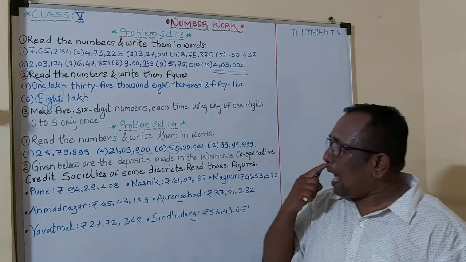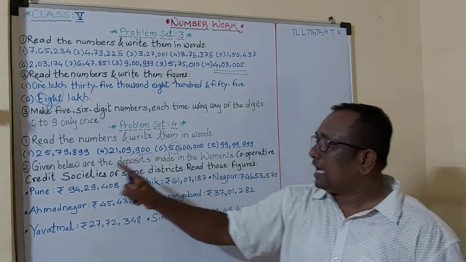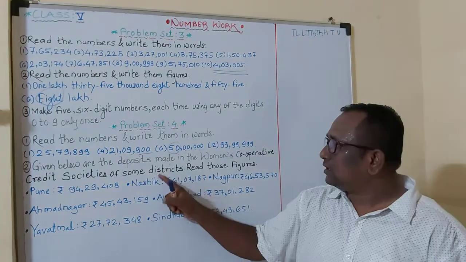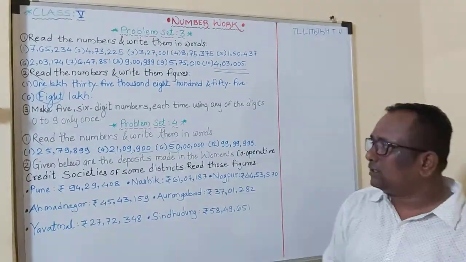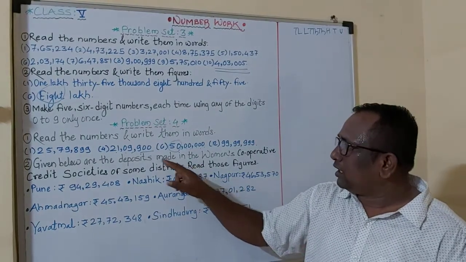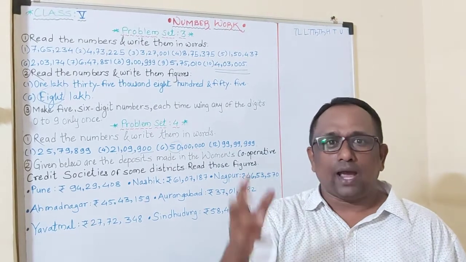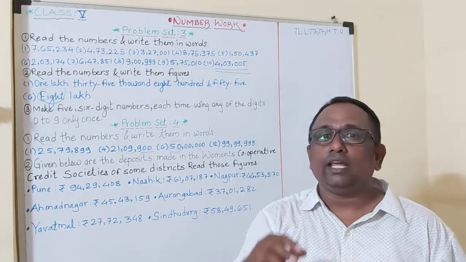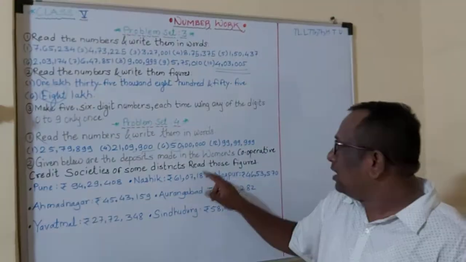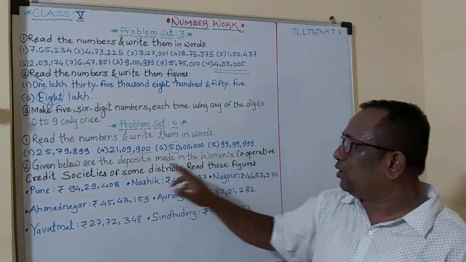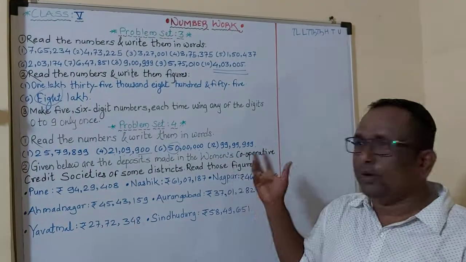Given below are the deposits made in the women's cooperative credit societies of some districts. Read those figures. Now students, deposit means when we keep our amount in a bank or a post office in any account, the amount we kept there is called a deposit. Here, women's cooperative credit society means a type of small bank run by a women's group.